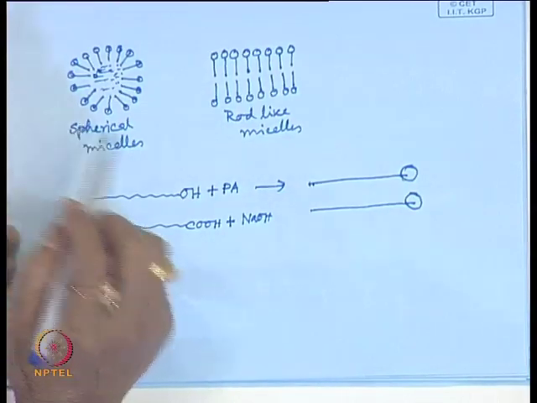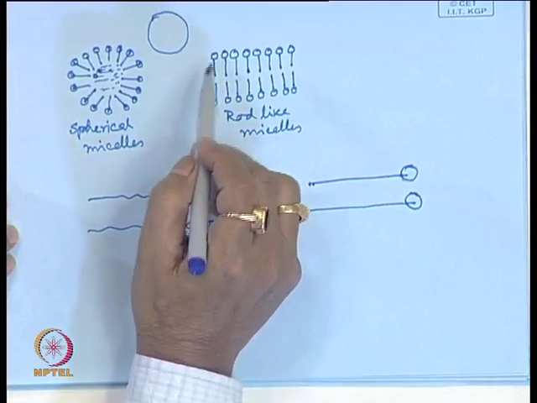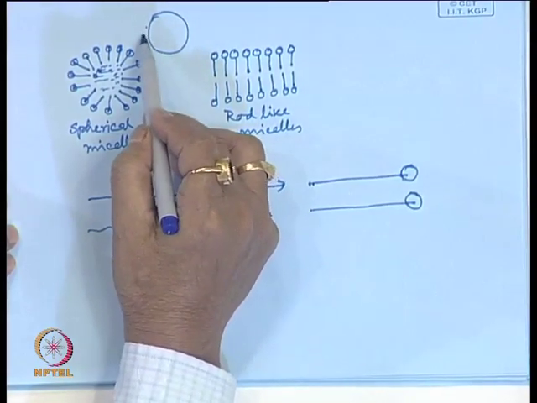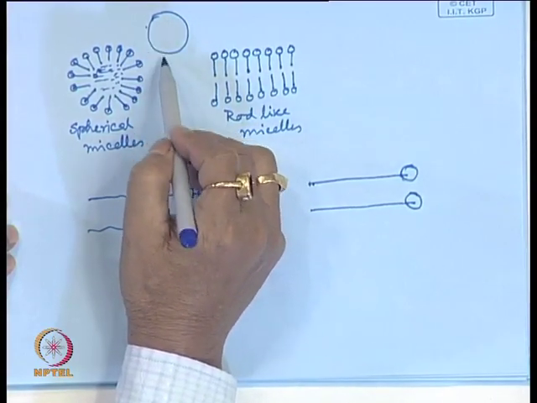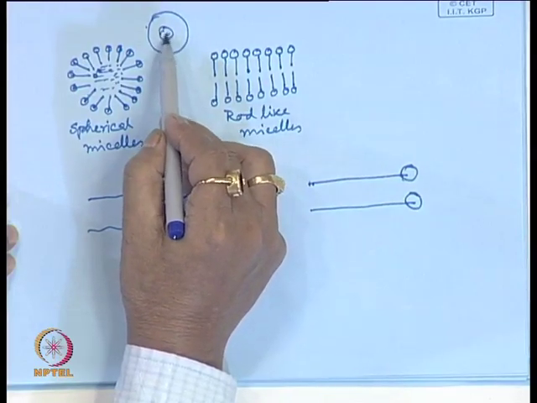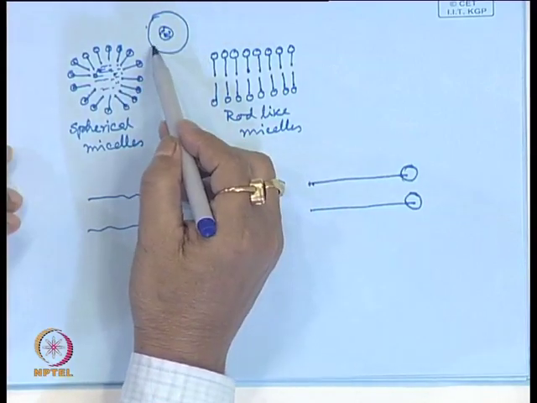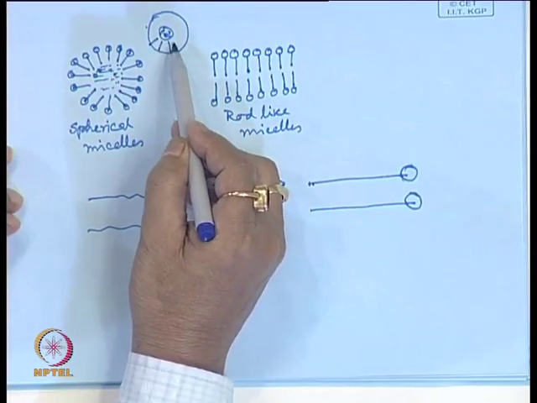comfortably. If there is another micelle close to this, with a hydrophilic surface, inside there is a core, there monomer is present. So, this monomer cannot come closer because of the presence of these lipid molecules.